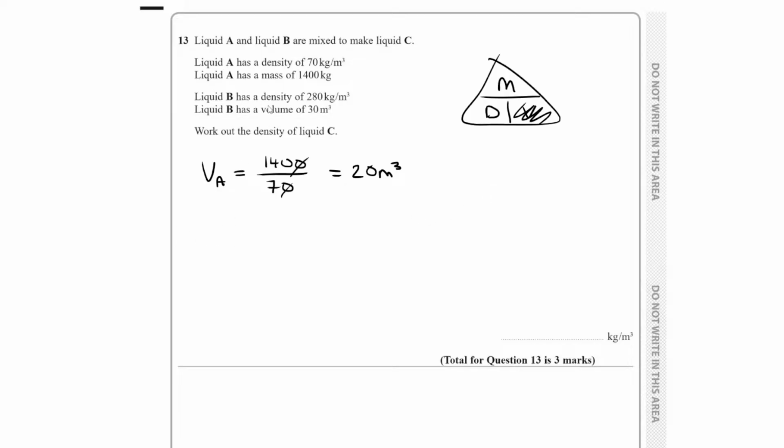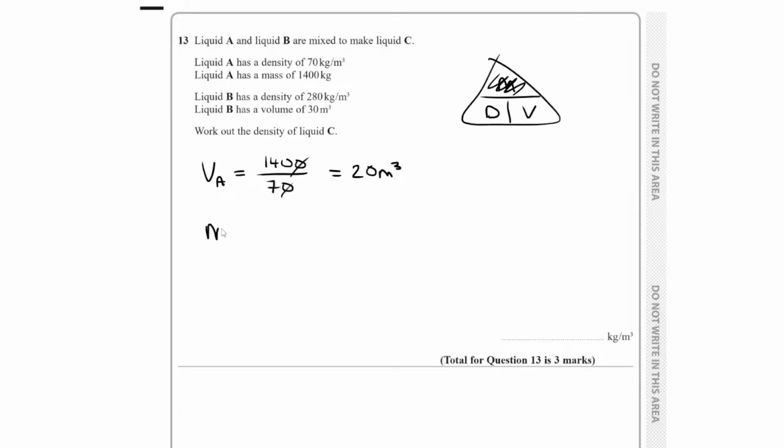Then I do B. What am I missing for B? We've got the density, we've got the volume, so do you see how I'm missing the mass in that case? So I can move this thing. Sometimes it works, sometimes it does not. There we go. Mass.